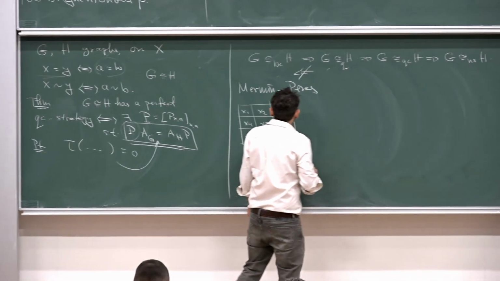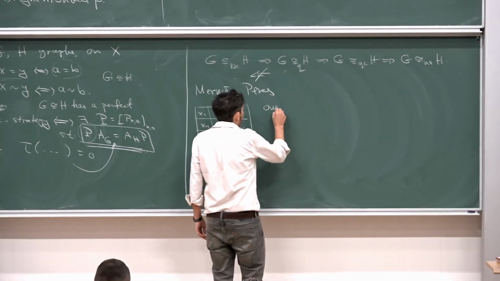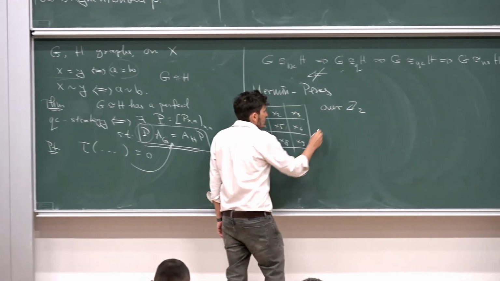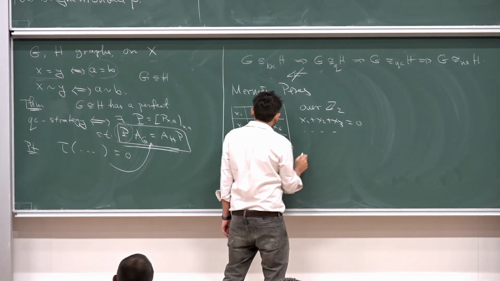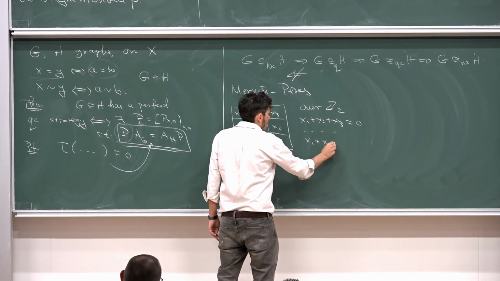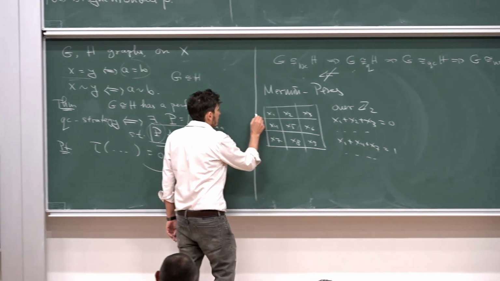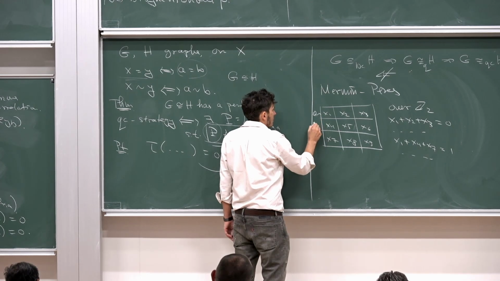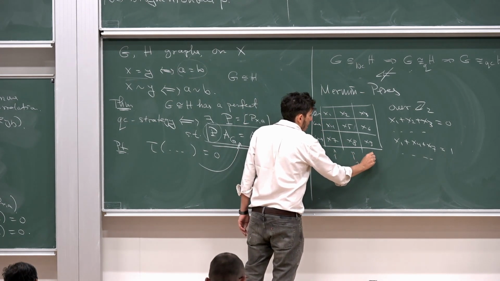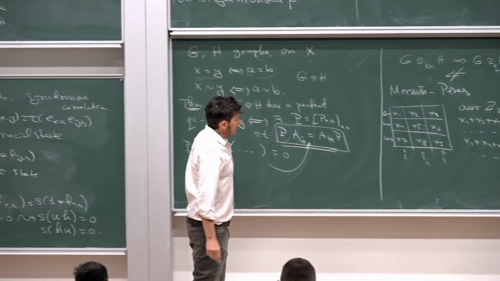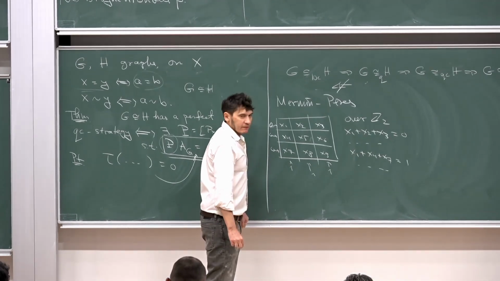In such a way that for 0 and 1 only, so you're wanting to solve these equations over Z2. If you add the rows, you want to get 0. And if you add the columns, you want to get 1. The sum of every row here is 0. The sum of every column should be 1. So this doesn't have a perfect local strategy, perfect deterministic strategy, but it does have a perfect quantum strategy.